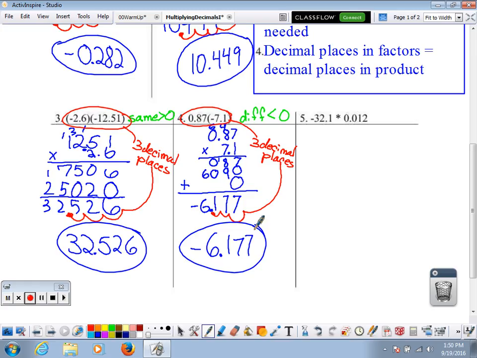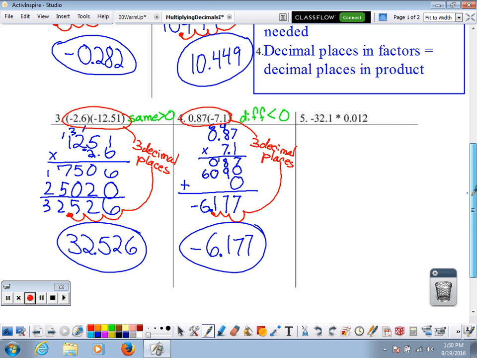All right, guys, what questions do we have about any of those 4? Nothing? We're all 100% okay. All right, well, when we multiply, whether we're multiplying decimals or integers, we're going to start off the same way.